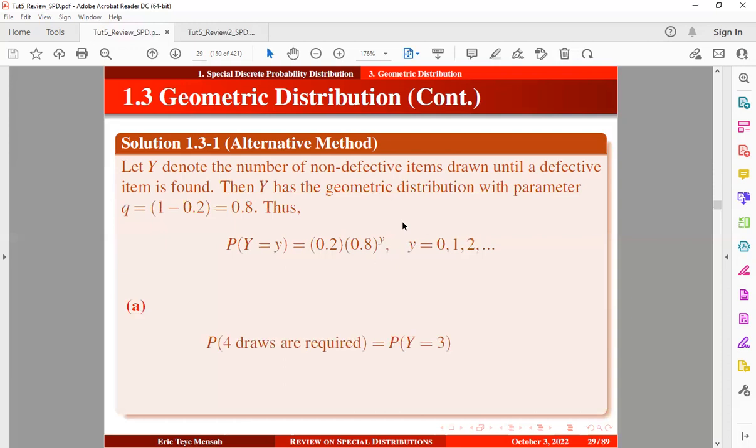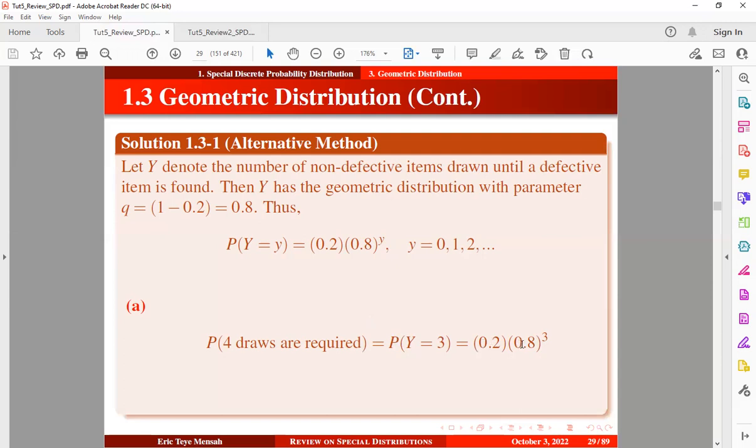All right, so now I want to look at the probability that 4 draws are required until the defective item is found. It means that we're supposed to observe 3 failures before we observe the first success. So we have Y equal to 3, and we can write this in this form. We have to observe 3 failures, or 3 non-defective items, before we observe the fourth one to be the defective item.